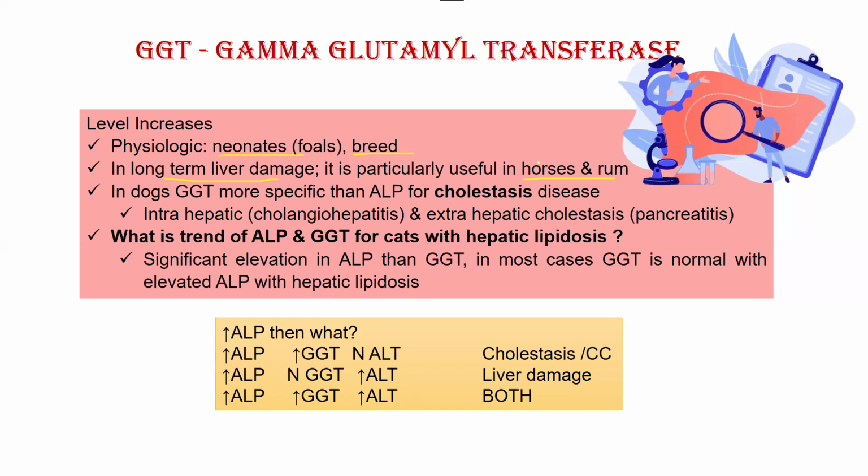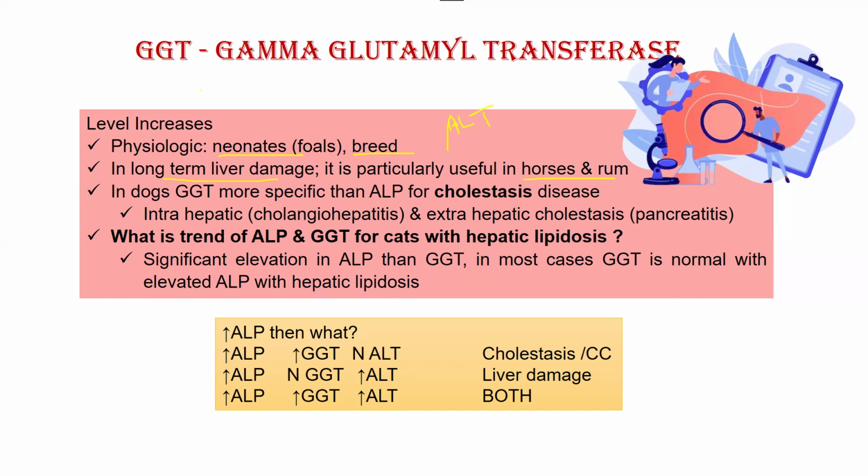I'm not going to lay much stress or focus on this point, but still, what I will say over here is that in the video lecture on ALT, I told you that ALT is an indicator of liver damage in pet animals only, like cats and dogs. But in horses and ruminants, we have some other enzymes that indicate liver damage.